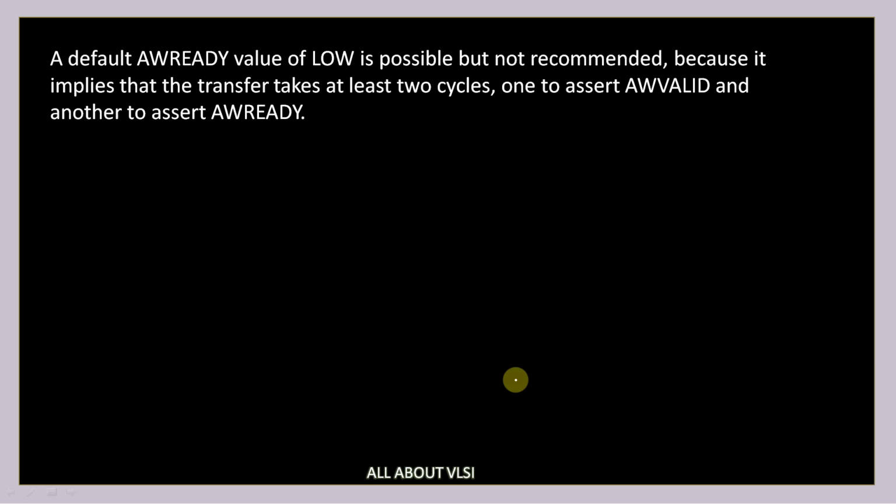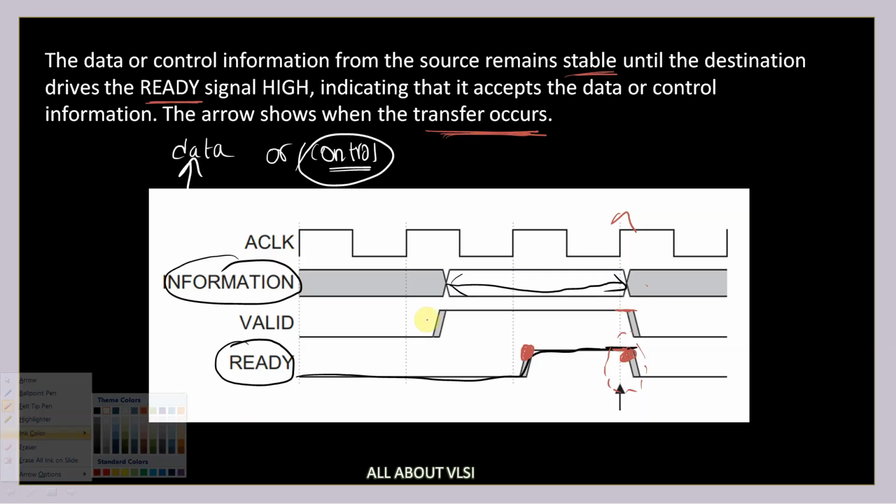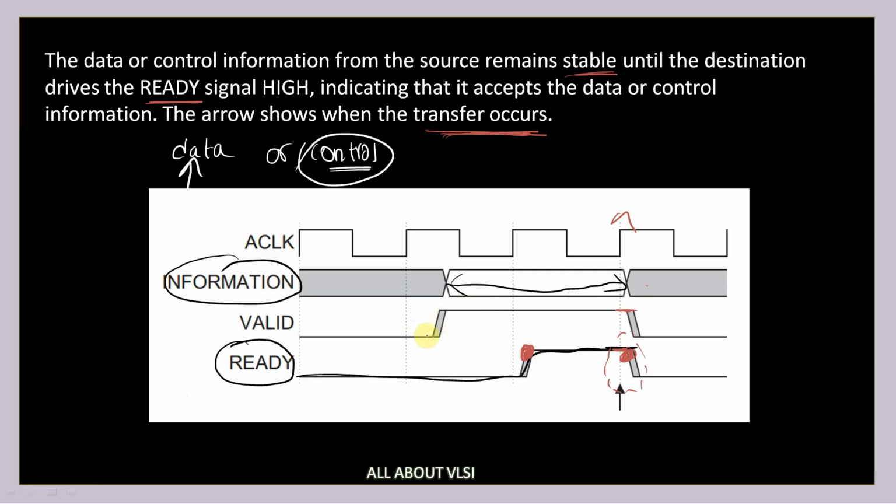So what this means is, our AW valid signal is made 1 in this cycle. We took at least 1 cycle for this, and whenever your slave sees this valid signal asserted to 1, then in the next cycle it is going to assert this ready signal to 1.